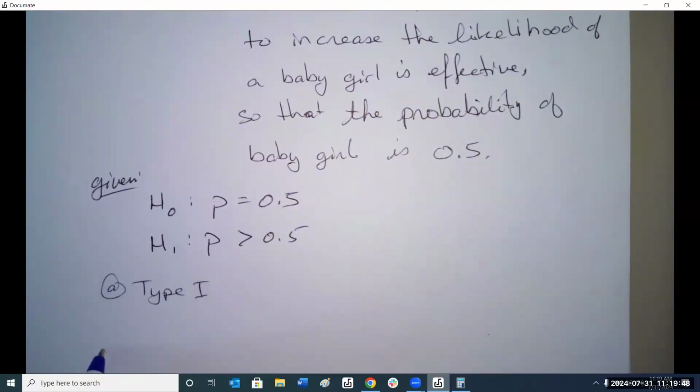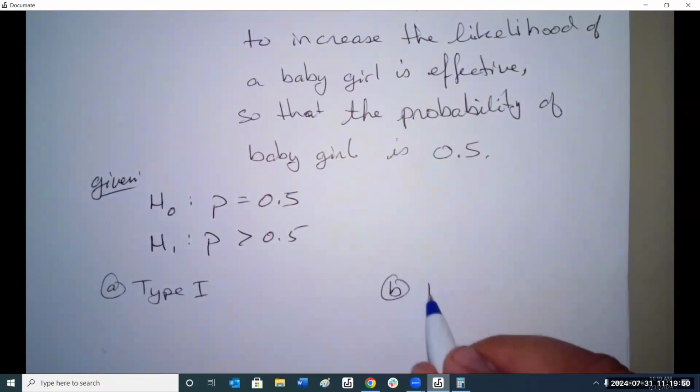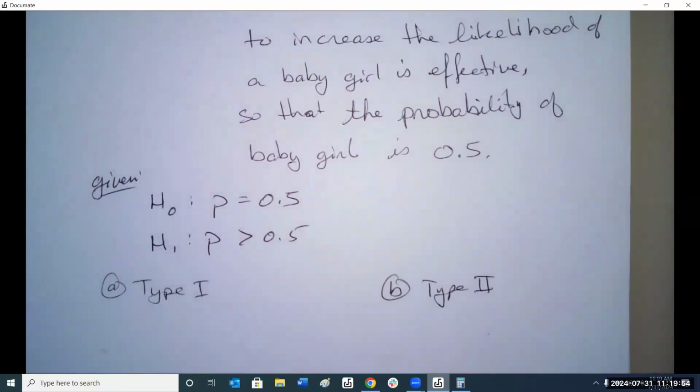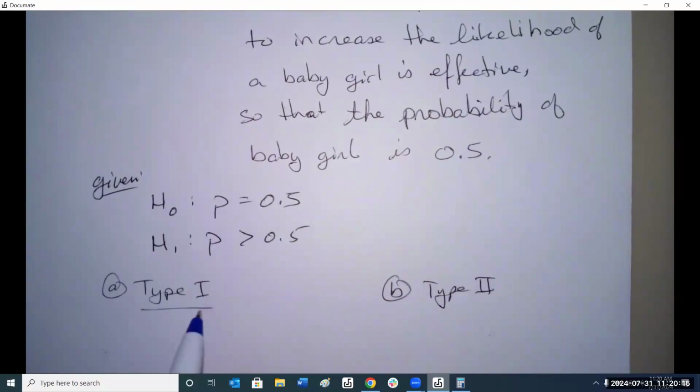So remember what a type 1 error was. A type 1 error is the mistake of rejecting a true null hypothesis when it should not be rejected. So how would we write this? We have to write a statement for it.